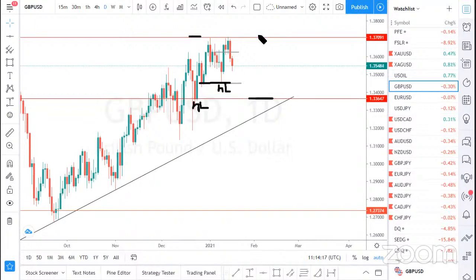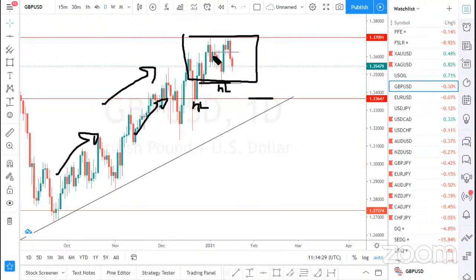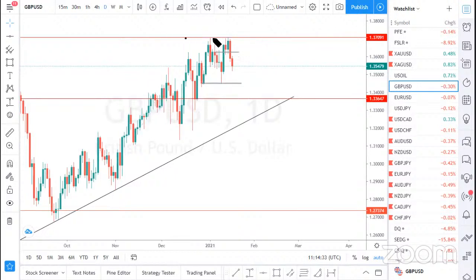The pattern we got on the British pound sterling against the USD is not yet well defined. The rally right there is still under the influence of the bulls. So I am not yet comfortable to buy right here. That's what I want to share with you on the British pound sterling paired against the USD.